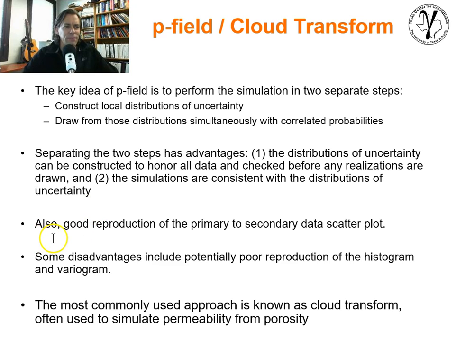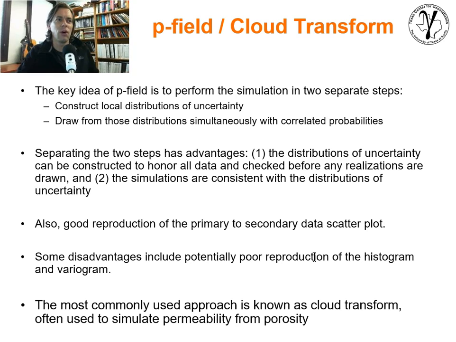Okay, so also there's good reproduction of primary to secondary data in the scatter plot. This methodology is very good at getting whatever the form of the bivariate relationship is, you can get it back. You'll get back pretty close to that form. Some disadvantages include potentially poor reproduction of the histogram and the variogram.